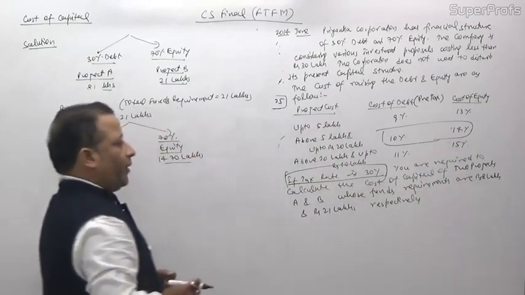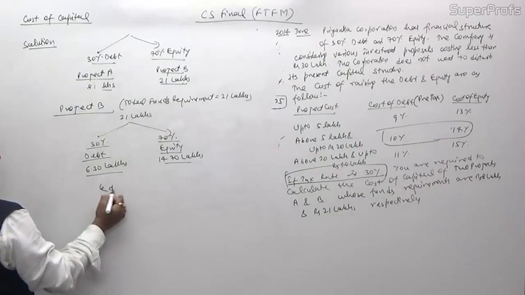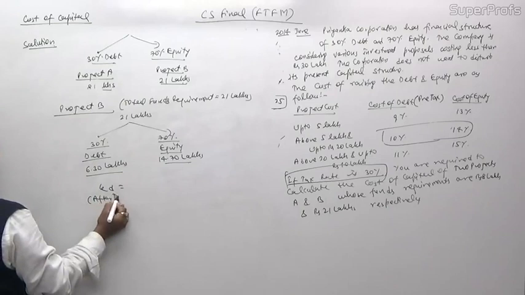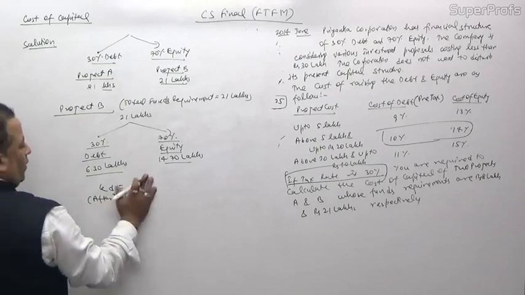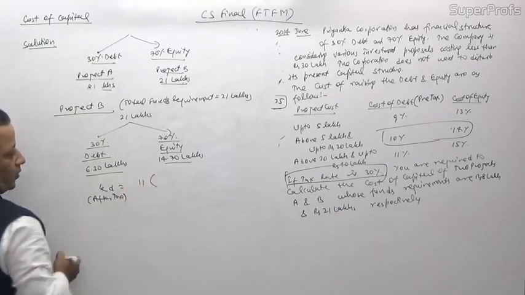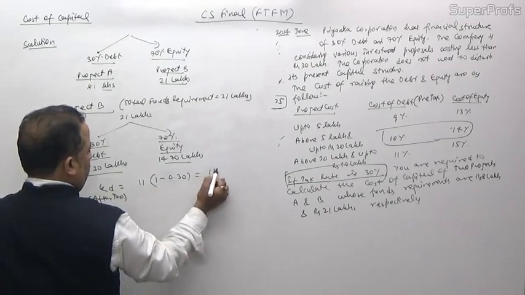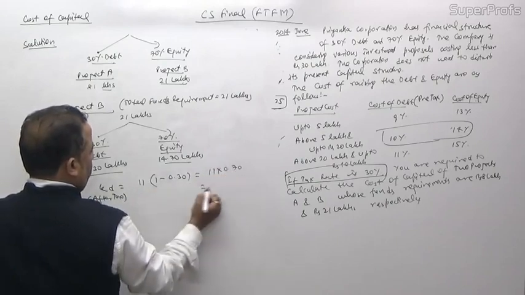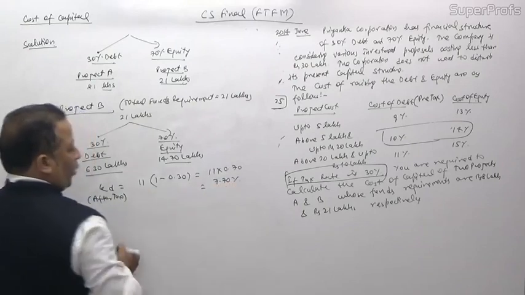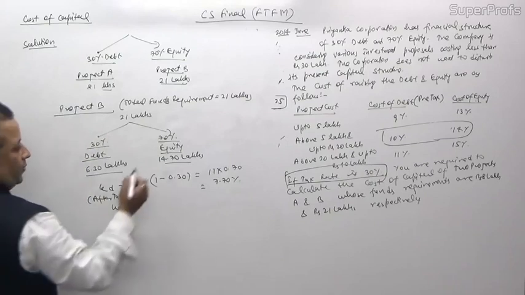So I have to calculate the post-tax cost of debt: 11% is the pre-tax cost of debt, 30% is the tax rate, 11 into 0.70 is 7.70%.